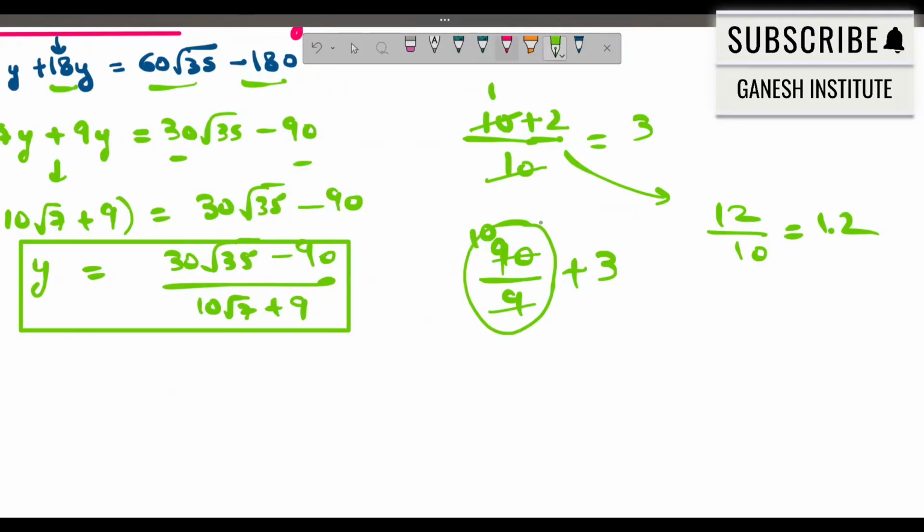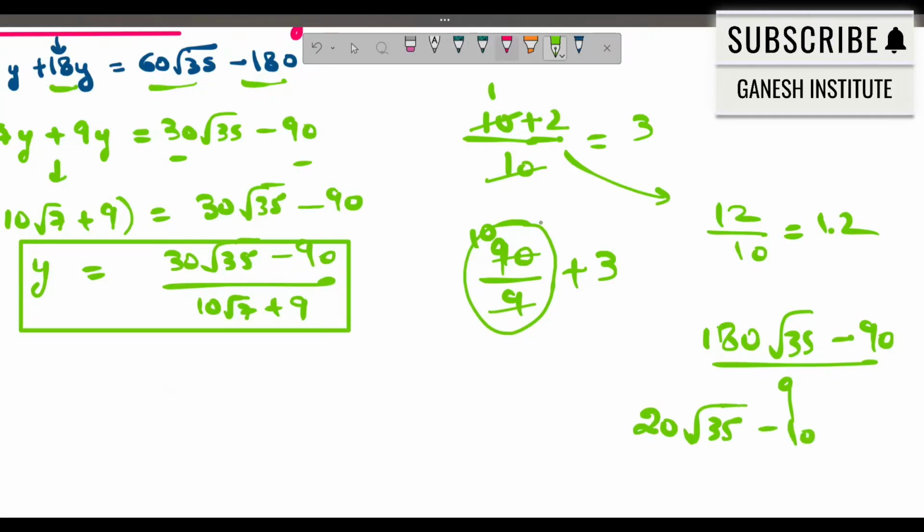If, for instance, the 35 and the 30 were divisible by 9, could we have done it? Yes. Let's say if I had 180 root 35 minus 90 over 9, then I could have done this: 9 twos are 9 ones are. Okay.